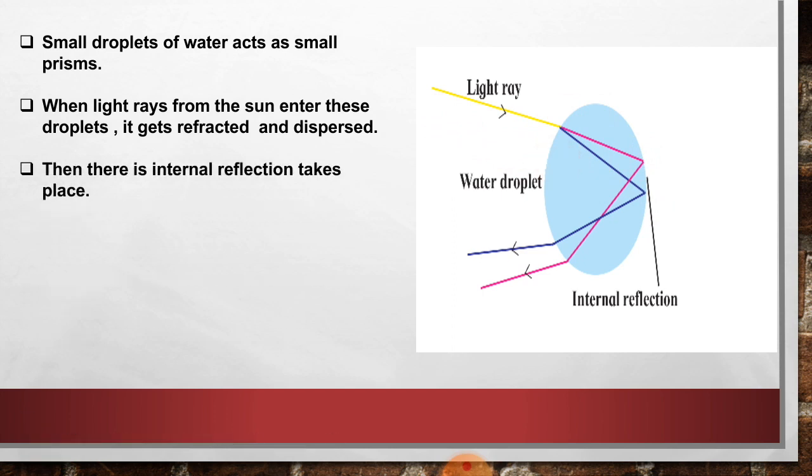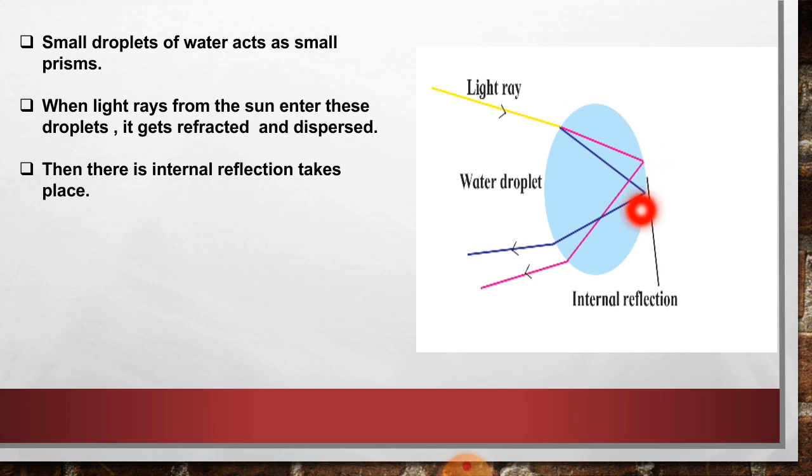Then internal reflection takes place. What is that? First, remember that when the light enters the droplet, it gets refracted into different colors. Let's imagine that this color is red. And this color is violet. Over here you can see the bending, that means refraction.